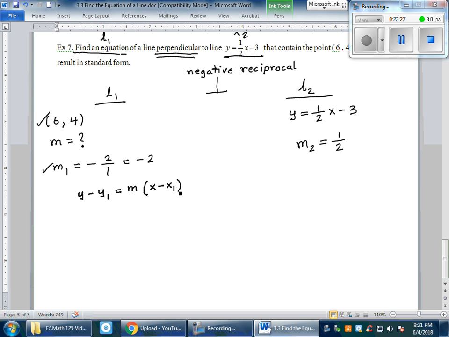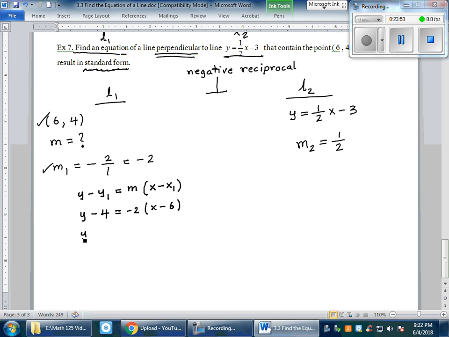So y minus my y sub 1, which is 4, equal to negative 2 times x minus 6. Now we want the result in standard form, right? So we have to write both the x variable and y variable on one side of the equation.